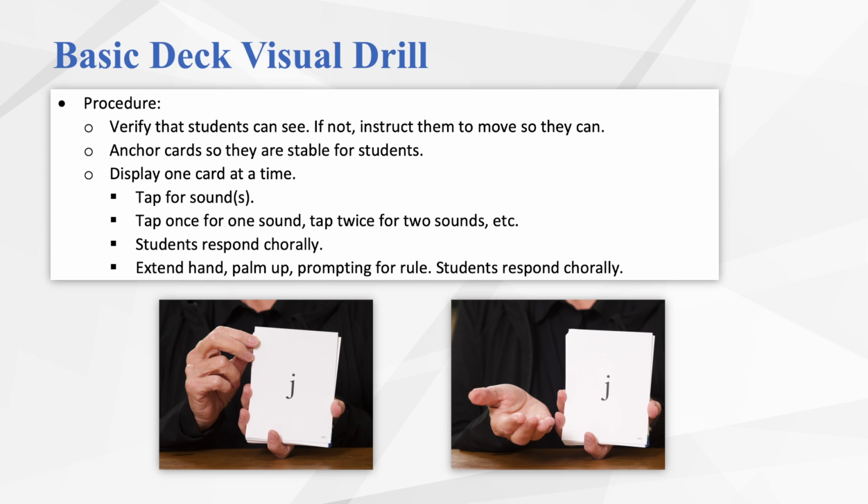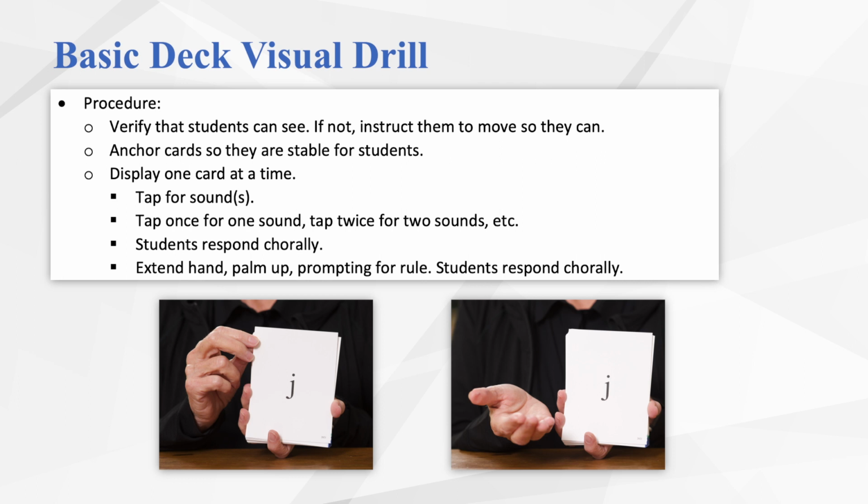Tapping also provides information for students regarding the number of known sounds for a card. In kindergarten, most of the consonant cards in a visual drill will have only one sound. The instructor taps in the upper corner of the card for the sound. However, as instruction progresses, some cards will have multiple sounds.